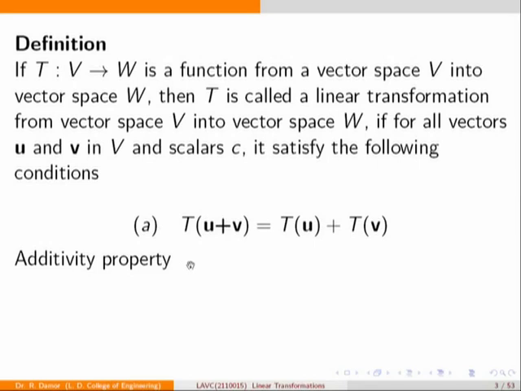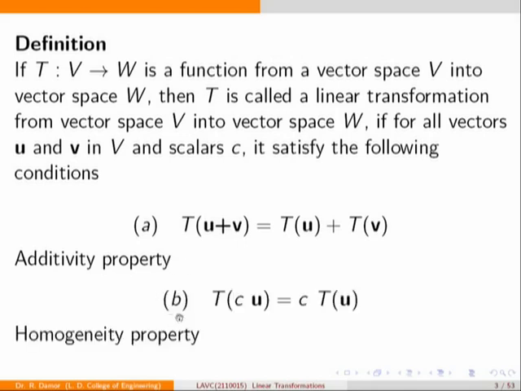And what is the second property? T of C into U, where C is a scalar and U is a vector in vector space V, then T of CU equals C into T of U. This is known as the homogeneous property. So there are two basic properties which we require for any transformation to be a linear transformation, and you must check these for a linear transformation.